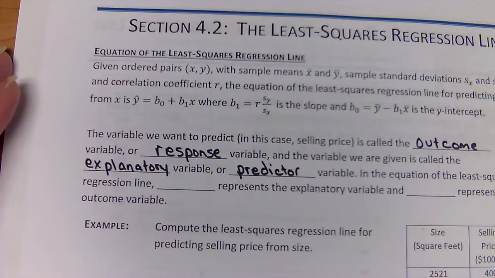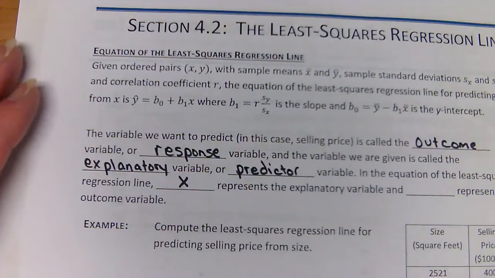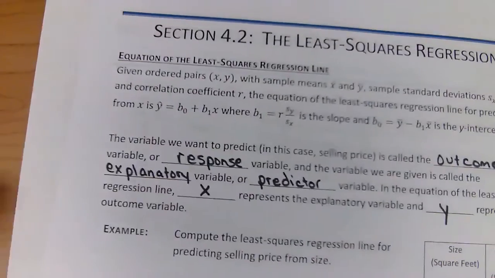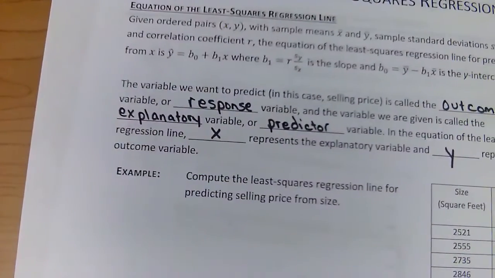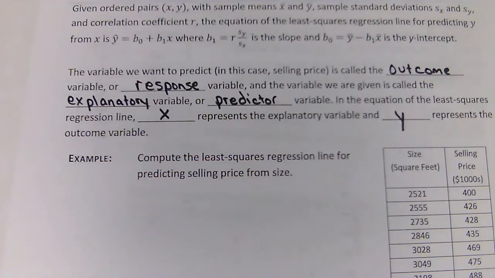In the equation of the least squares regression line, X represents the explanatory and Y represents the outcome or the response. So let's compute this line by hand. Then we'll do it in the calculator and see how close we got.